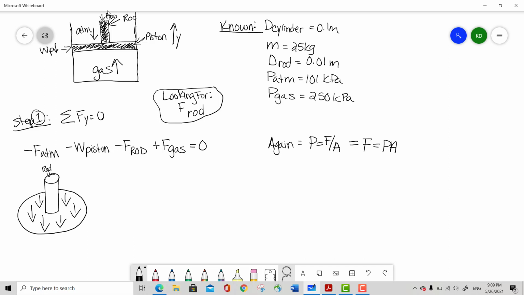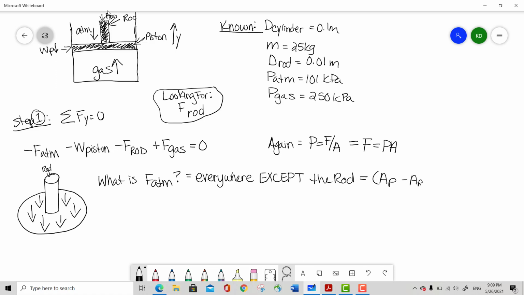Okay, so we are, let's see, what is, it's everywhere except the rod, which translates to that's the area that this atmospheric force is being applied to.